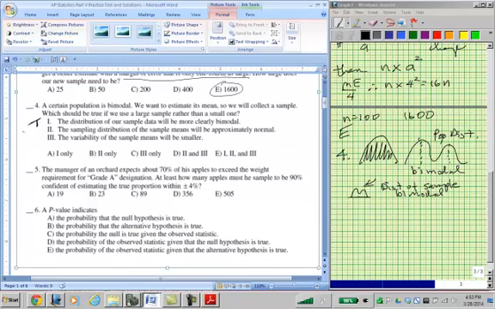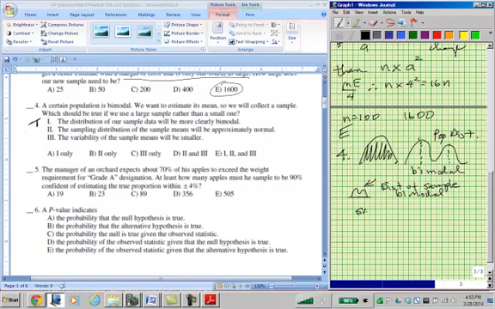Okay, now also if your sample is big enough, what does that mean? Now here is the sampling distribution. What is that? That's the distribution of the statistic taken from many different samples. Okay, the sampling distribution will be approximately normal. The sample statistic, in this case the sample mean y bar, will distribute around the population mean mu.